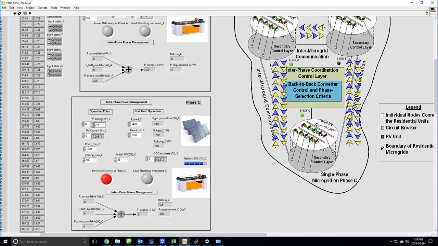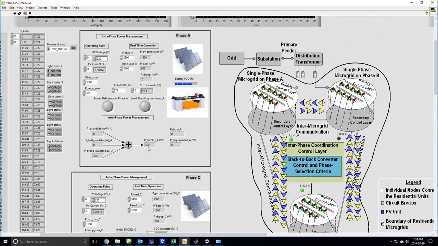Now in the end, for this particular phase, there is no PV power available. There is also no battery power available because 900 went to this load, and the remaining 100 watts went to the P requirement of phase C. The remaining 200 watts of droop unit was supplied to phase C, which meant that there are 300 watts of droop power still available as surplus for this phase.